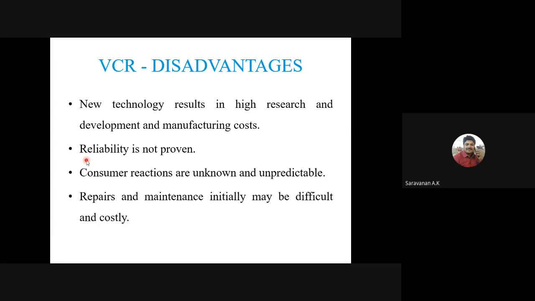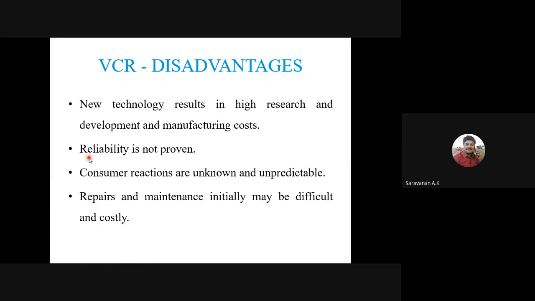With a lot of elements, we require more reliability for the life to be good. But here the life of the engine is not proven whether it is good or not. That is a major disadvantage.